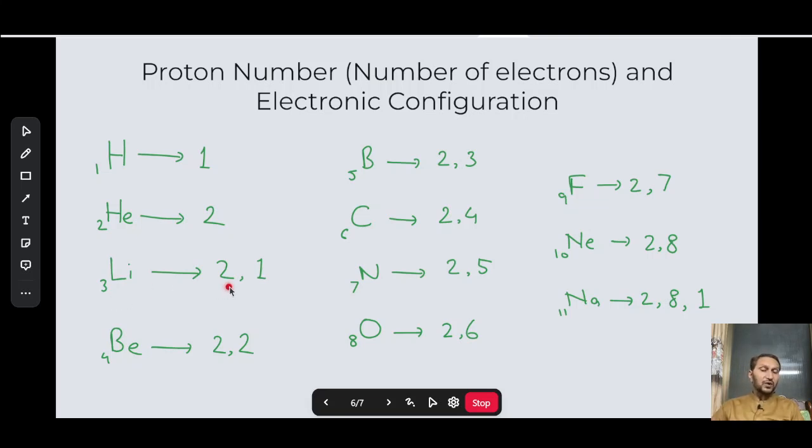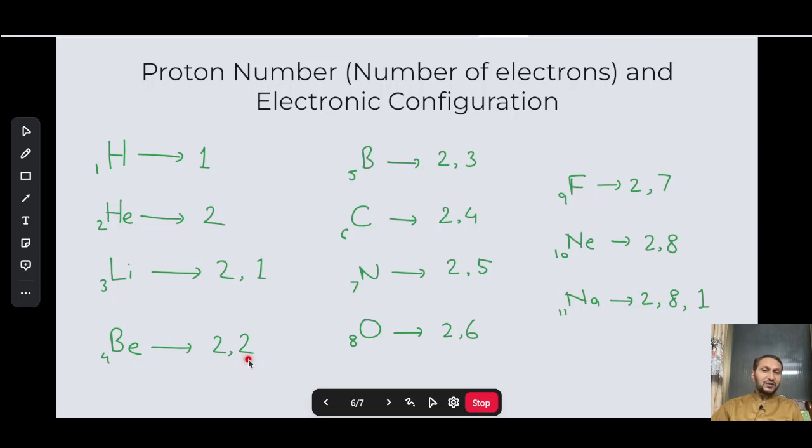The first 2 electrons will be in the first shell, then we put a comma and write 1. It means the third electron goes in the second shell. Then beryllium, its proton number is 4, so it has 4 electrons: 2, 2.